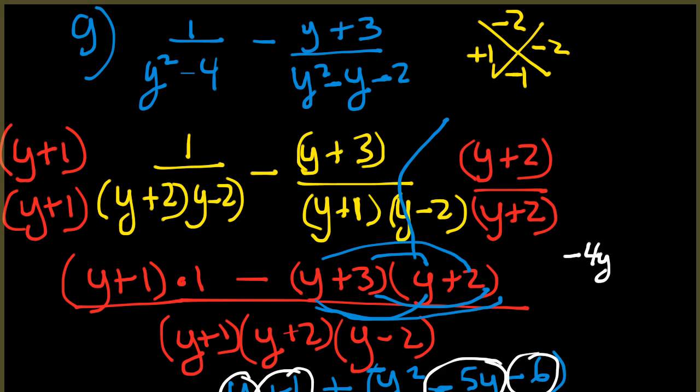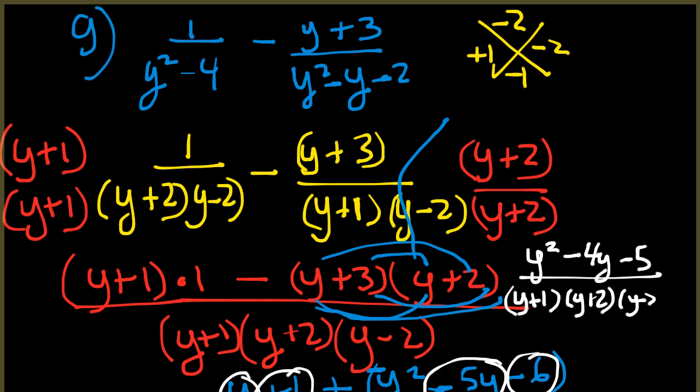I'm going to have a positive 1 and a negative 6. That makes negative 5. And then I have a y squared all over y plus 1 times y plus 2 times y minus 2. And that should be it.